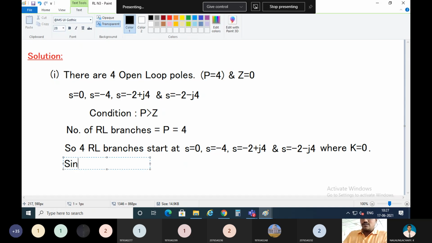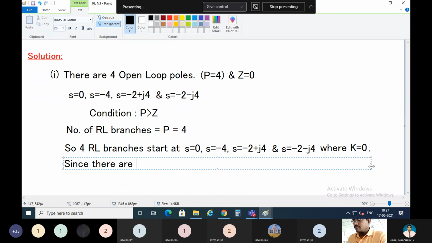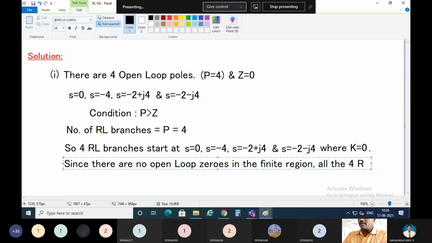Since there are no open loop zeros in the finite region, where are all the 4 root locus branches going to be terminated?